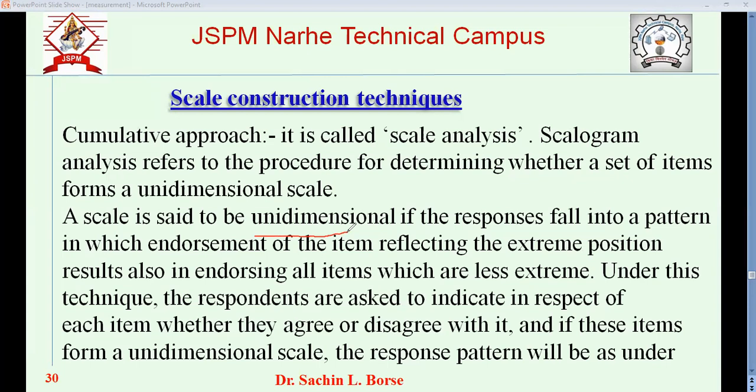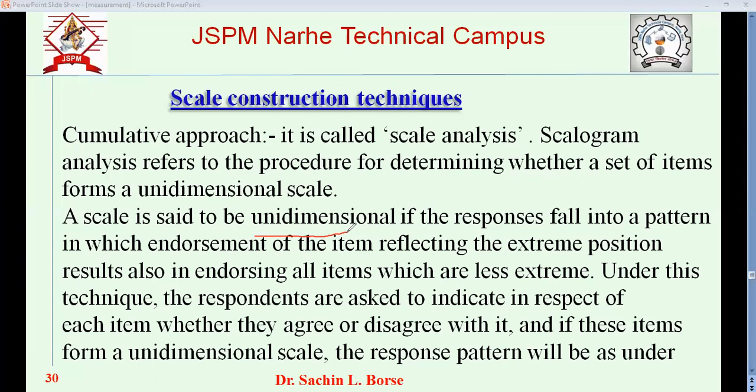What it means is that if statement 4 is correct, all the statements below that, that is 1, 2, 3, are correct. That is called unidimensional.